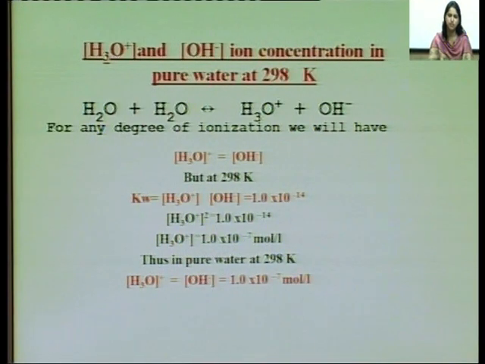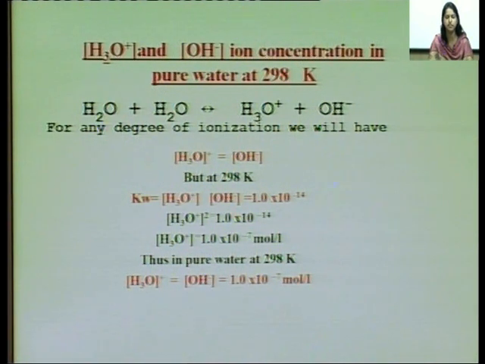But at 298 Kelvin, I have already derived that the ionic product of water, represented by Kw, is equal to the hydronium ion concentration into the hydroxyl ion concentration, which is equal to 1 into 10 raised to power minus 14.